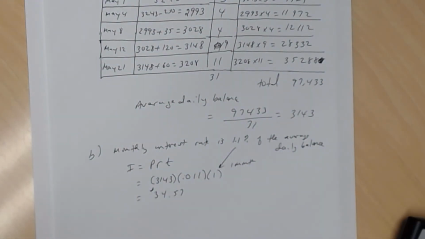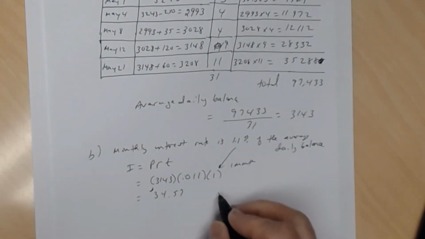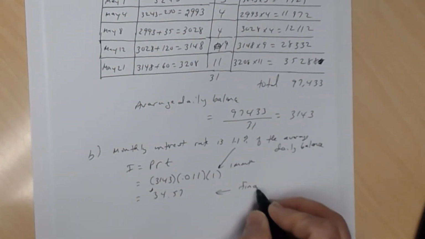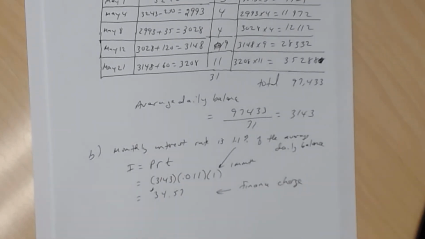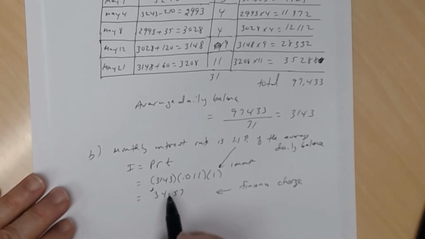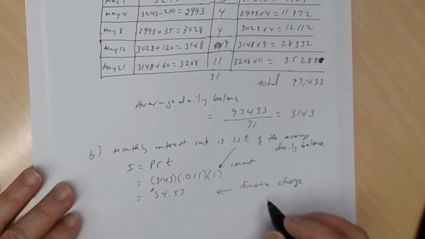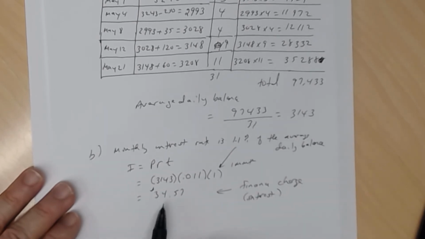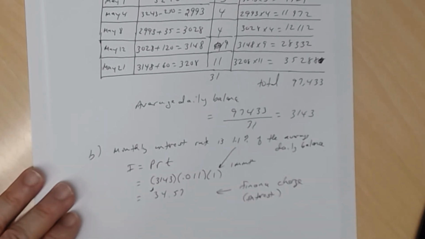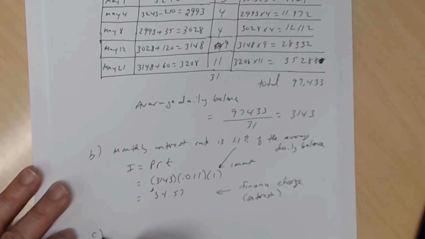So that's the interest, sometimes called the finance charge, for that billing cycle. Any questions at that point? All right, so that was part B. My finance charge, my interest, is $34.57.